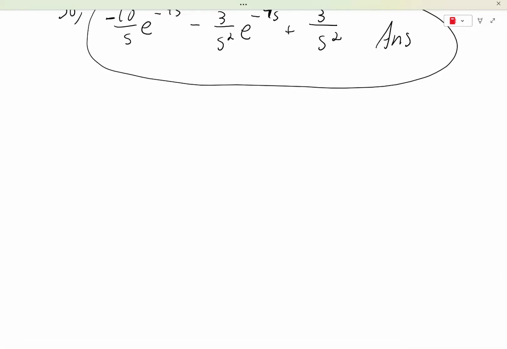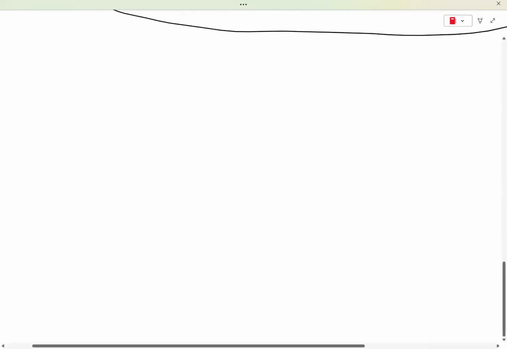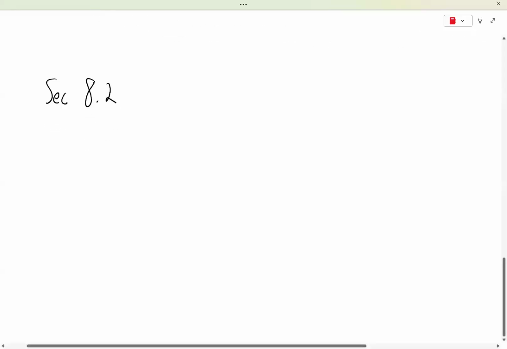Okay. Next up is section 8.2. It talks about inverse Laplace transforms. Eventually we'll connect this to differential equations, but that's not today, but in a couple of classes. So 8.2, inverse Laplace transforms.